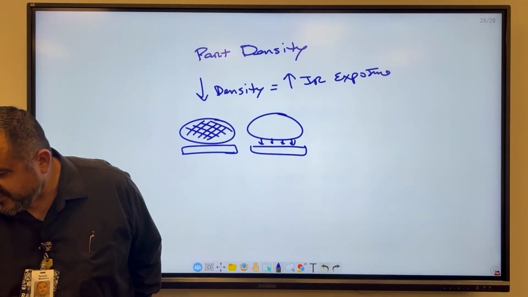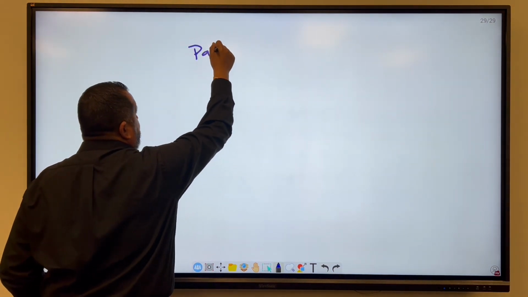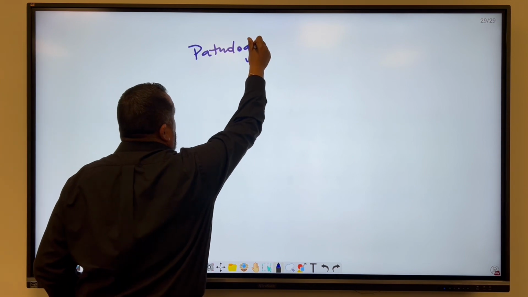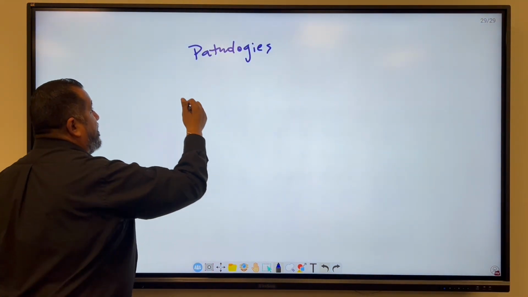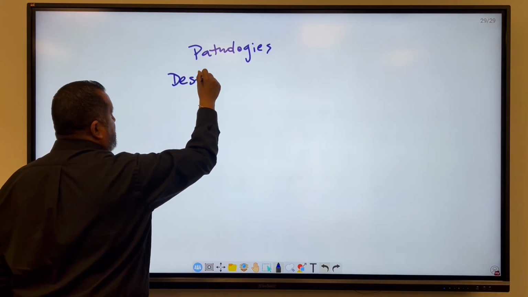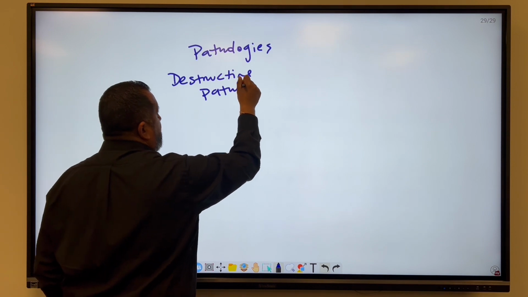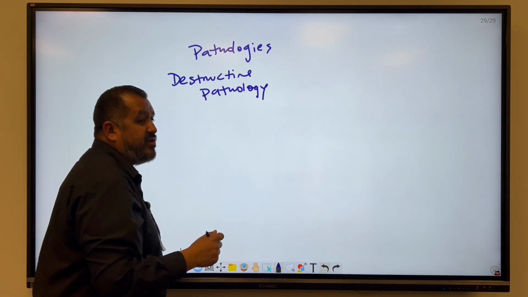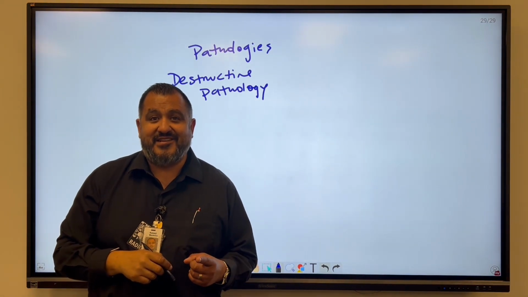All right, I'm trying to go down this list here. The next one is pathologies. So right now we're just focused on increasing IR exposure. So if you have a destructive pathology, we have a separate little video on destructive pathologies. Destructive pathologies have a loss of density, all right?